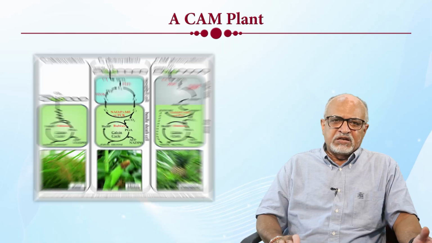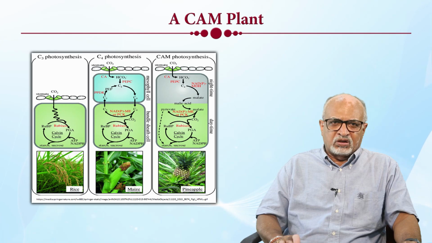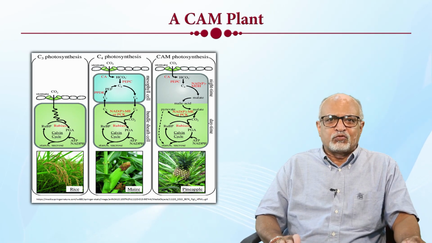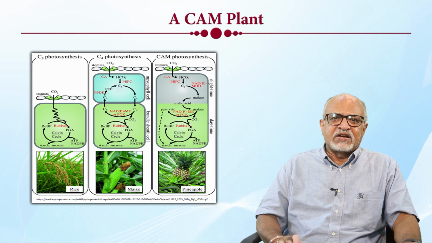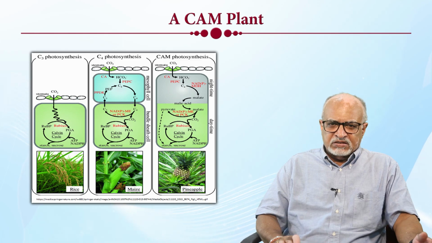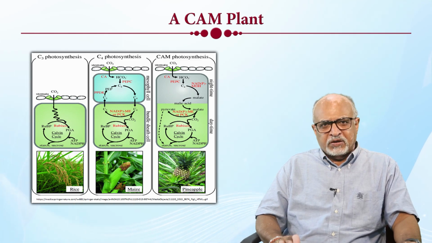So, to conclude, learners, we have on your screens a comparative pictorial account of C3 photosynthesis, C4 photosynthesis and the CAM cycle, with the examples of rice, maize and pineapple respectively.